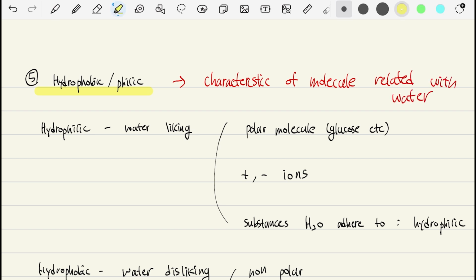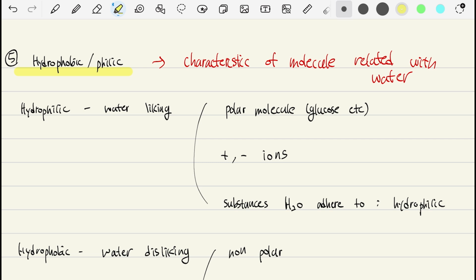Related with hydrophilic, it means that it loves water. And these usually talk about polar molecules, since water goes together with polar molecules because water is a charged chemical, and the polar molecules are also charged chemicals.